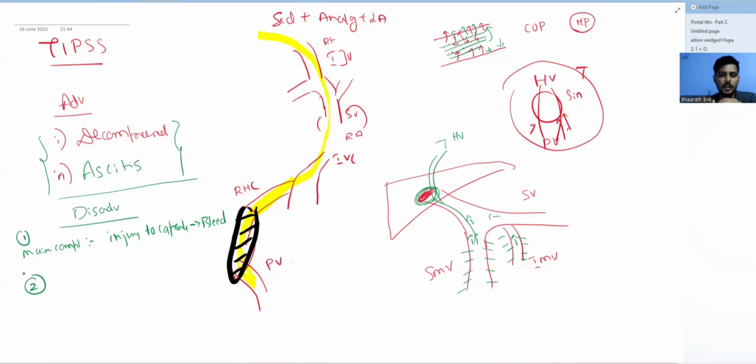And from the gut, until it gets detoxified in the liver, it is not put into the systemic circulation. Right? So liver is protecting us from whatever toxins we eat. So the moment you bypass the liver, all these toxins will definitely enter into the systemic circulation unchecked. Because it enters into the systemic circulation unchecked, that will lead to encephalopathy.